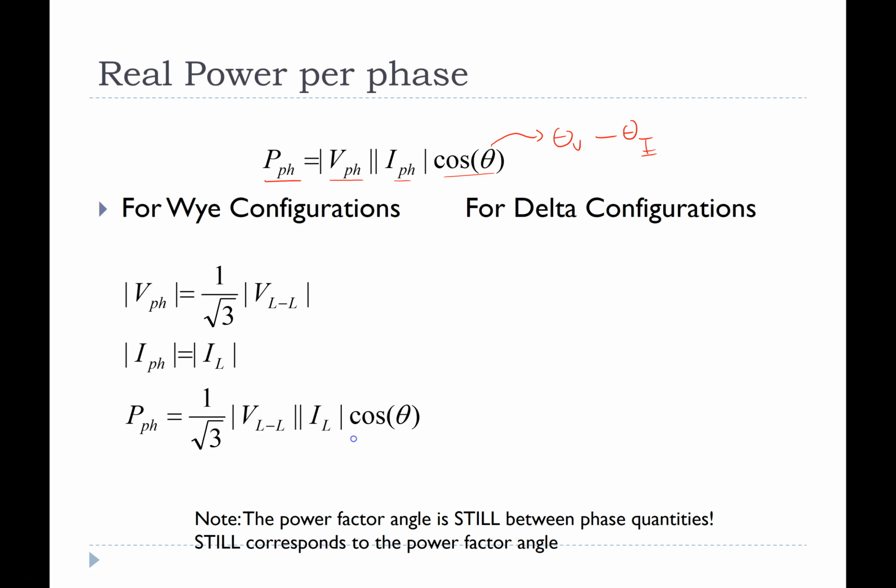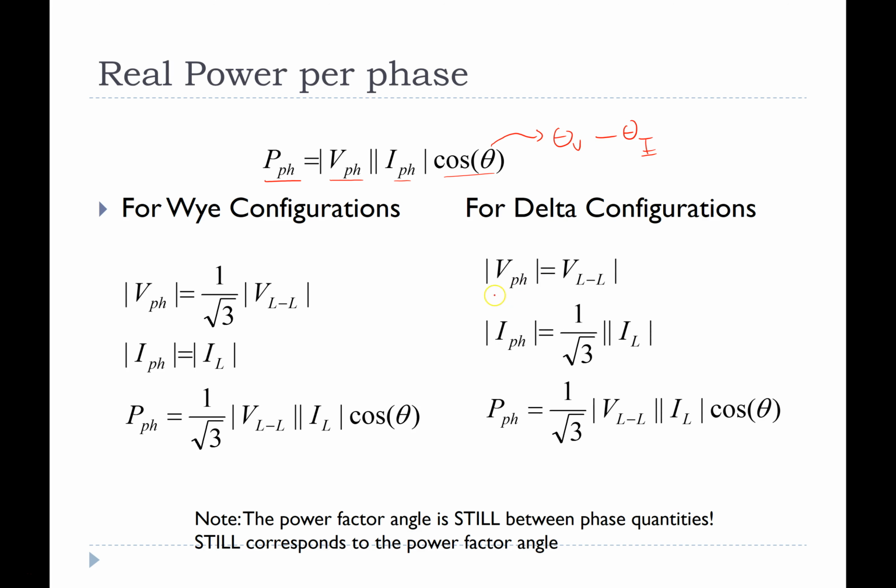If we do it for delta configurations, we know that V phase is equal to V line to line. Remember, we have this equivalence between the voltage on the delta and the voltage on the Y, and conversely the equivalence between the current on the Y and the current on the delta.